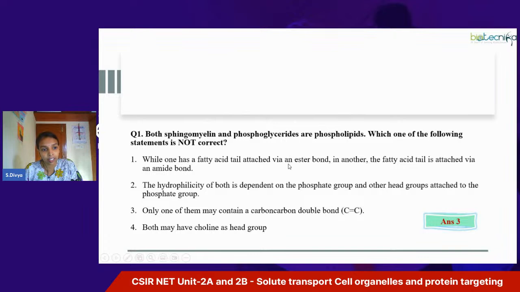Then another question I am asking over here. In the first statement, it is mentioned that the fatty acid tail is attached via an ester bond in one of them, and the other is attached via an amide bond. Can anyone tell me which one has the ester bond and which one has the amide bond among sphingomyelin and phosphoglycerides?